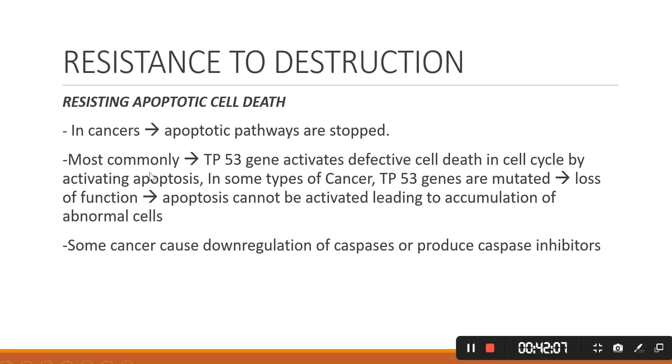Most commonly, the TP53 gene activates defective cell death in the cell cycle by activating apoptosis. In some types of cancer, TP53 genes are mutated, there is a loss of function, apoptosis cannot be activated, leading to accumulation of abnormal cells. Some cancers cause downregulation of caspases or produce caspase inhibitors.